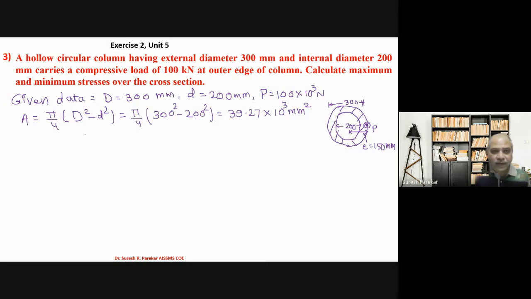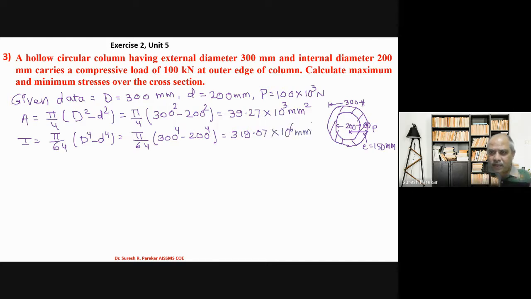Then we will calculate the value of I, which will be equal to pi by 64 into D to the power 4 minus d to the power 4, which is pi by 64 into 300 to the power 4 minus 200 to the power 4, and that is equal to 319.07 into 10 raised to 6 millimeter to the power 4.